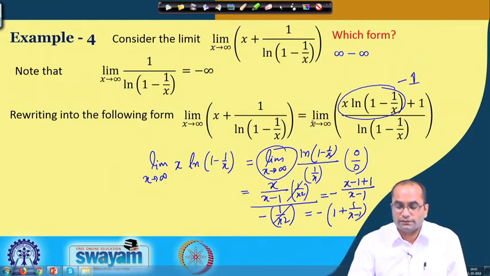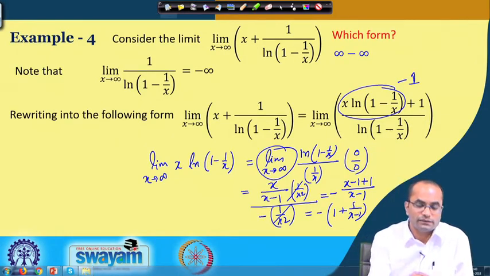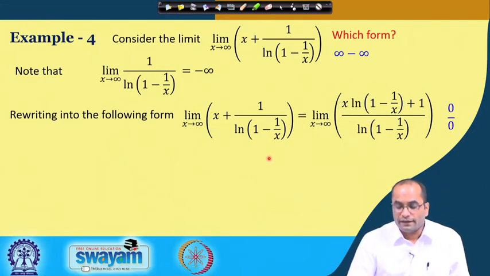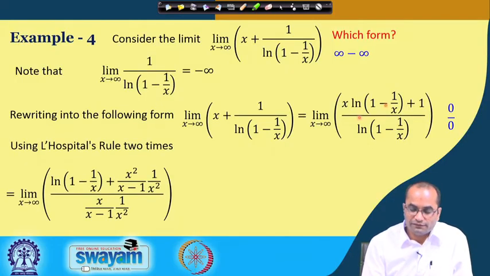So, in this case we have 1 minus 1, 0 divided by 0. So, this is basically 0 by 0 form. And now we can apply the L'Hopital rule. So, we have to get the derivative of this term and the derivative of this term. So, the derivative of this term, the product rule will be applicable here.